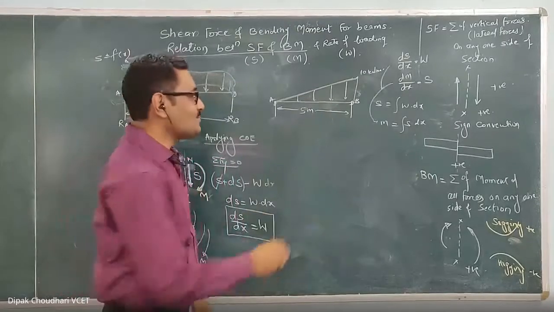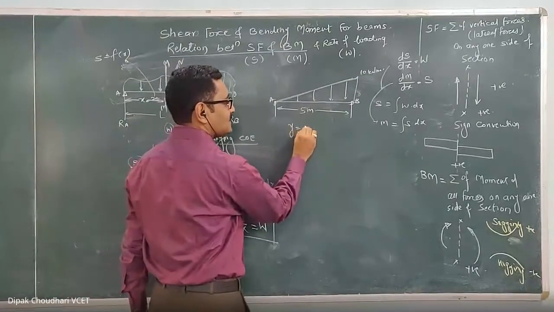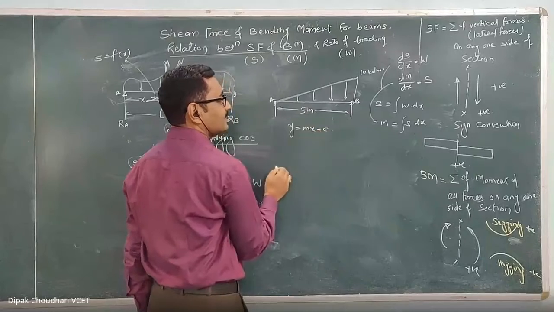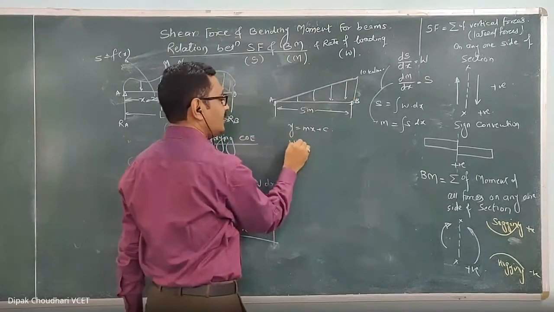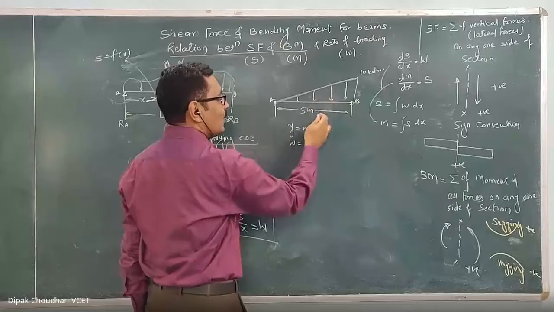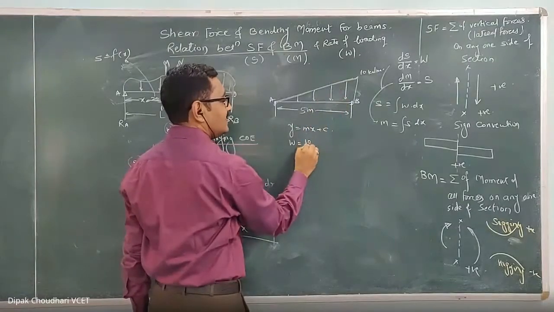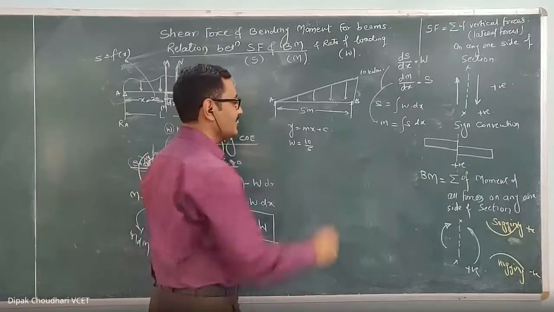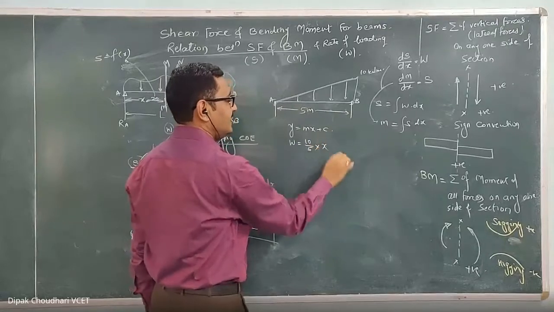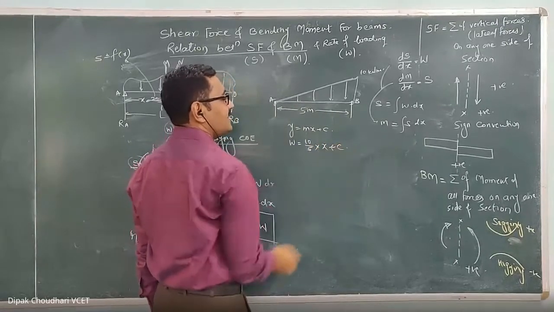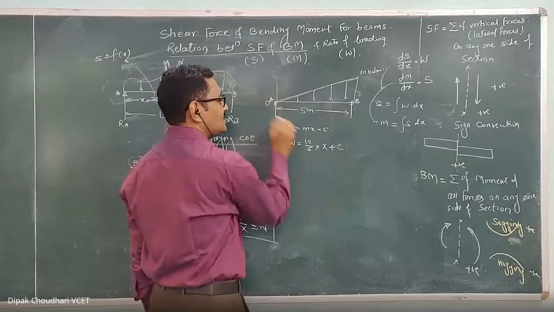So I can write down the equation of this as an equation of straight line, y equal to mx plus c. Here on y-axis there is the loading. Here m is the slope, delta y upon delta x, so it is 10 upon 5 is the slope. Here on x-axis there is the x length plus c. C is the y-intercept. Here if I consider this as the origin, so y-intercept is 0.